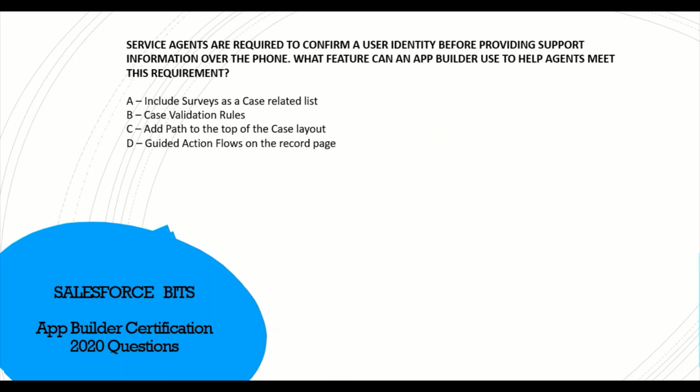And B, case validation rule: it validates something you input, but you cannot validate, meaning there is a customer, you can validate the social security number format but not validate the social security number of a customer. So B is also not an option. And C: add a path to the top of the case layout.